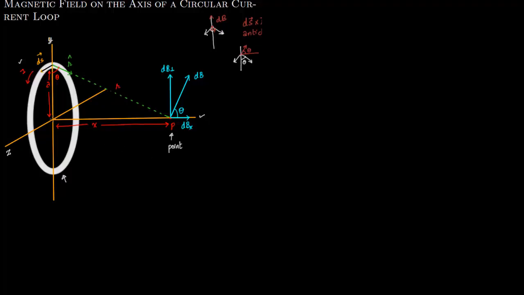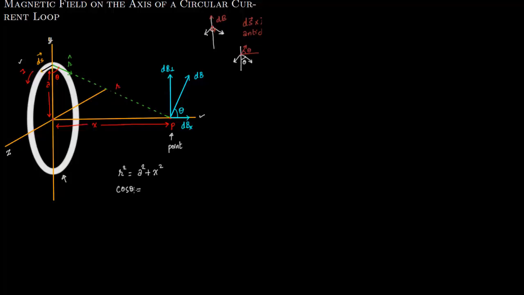The radius of this circular loop is a, and this point P is at a distance x from the center of the loop. So this is the center of the loop. Now you see this is a right angle triangle with three sides. So you have r squared is equal to a squared plus x squared. So what is cos theta?